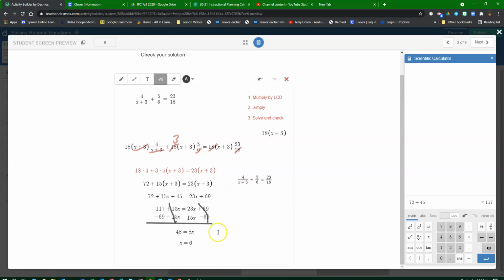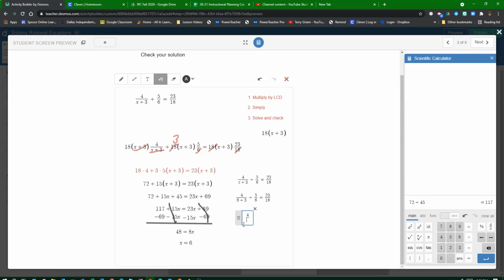So all I need to do is plug this 6 in where that x is. I'm going to copy this again and change that x to a 6. Now you see why I want you to use the math box, or you can just do this on paper and pencil if you like.